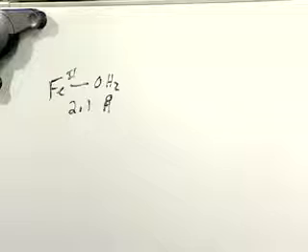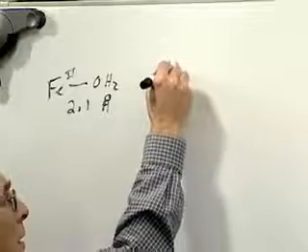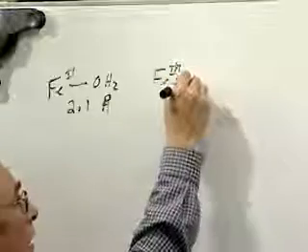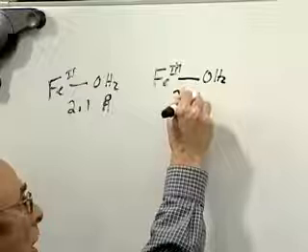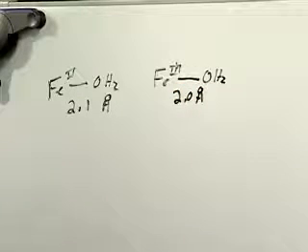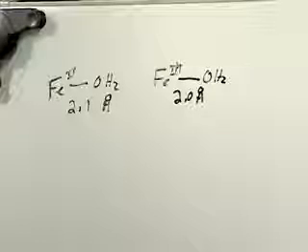That's good enough. The ferric has a bond length of 2.0 angstroms. Okay? So the ferrous and the ferric look different.